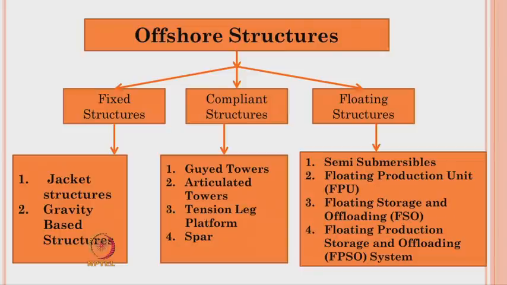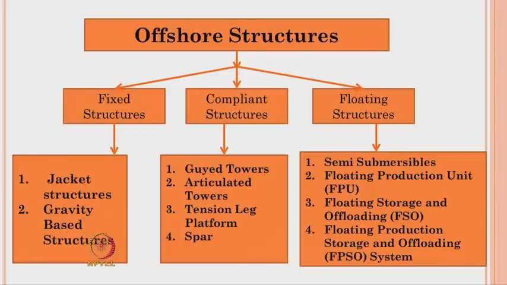The second variety of structure is gravity based platforms. Under compliant structures, you have guyed towers, articulated towers, tension leg platforms and spar platforms. Under floating systems, you have semi-submersibles, floating production units, floating storage and offloading platforms, and floating production, storage and offloading systems.